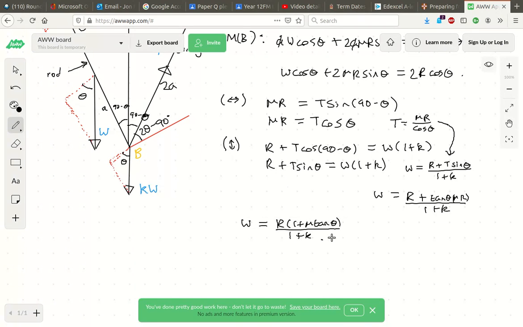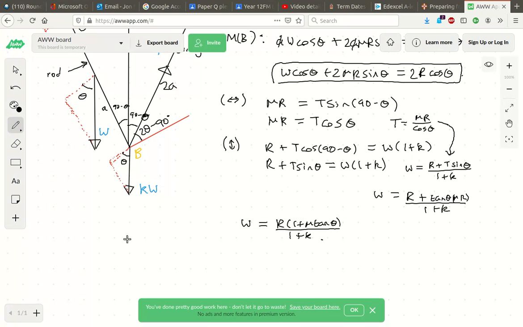Okay, but if you look at part 2, we're supposed to show that, assuming the string doesn't break, the ring will slip. So the ring will start slipping if our original moments equation is not an equality, but in fact is an inequality. In other words, if the moments which work to the left are suddenly less than the moments to the right, I should specify the direction, I apologize.